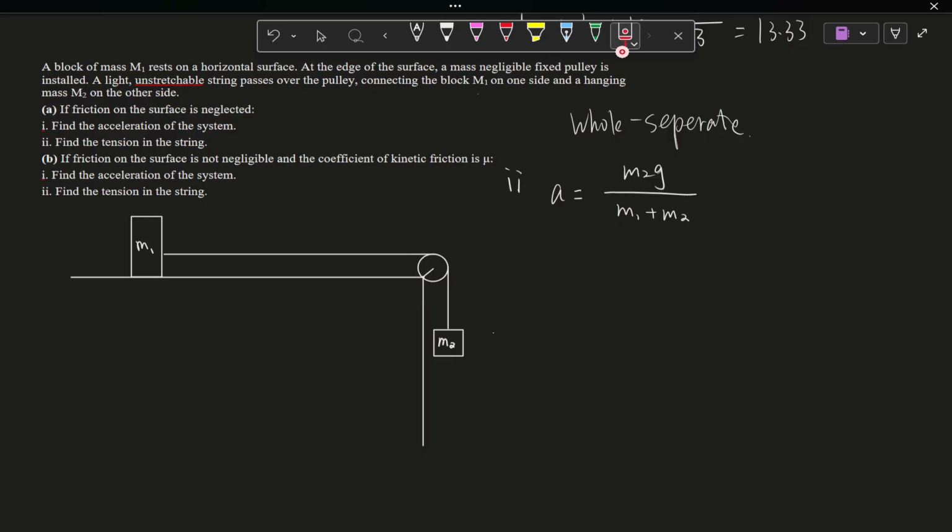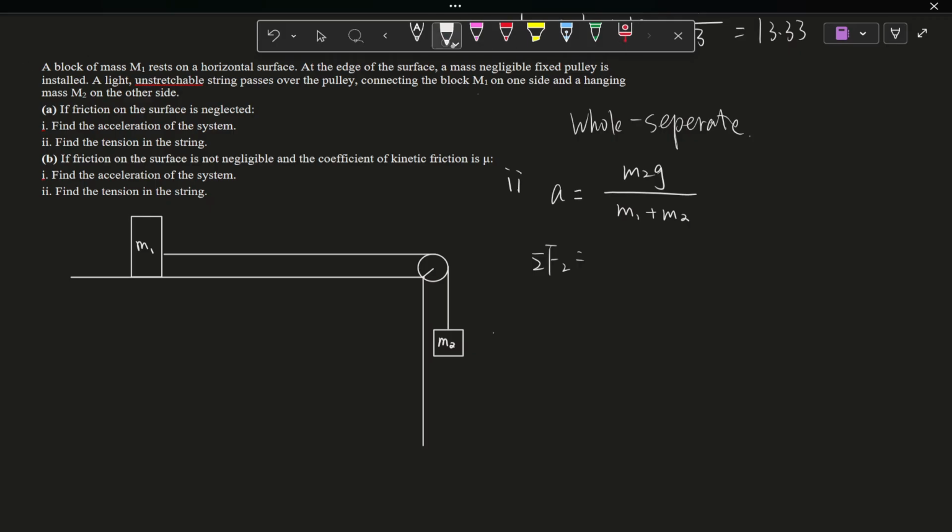Now let's use the separate part in the whole-separate method. Let's analyze mass 2 and write the net force equation for it. There's a gravitational force pulling it downward, and a tension force pulling it upward.